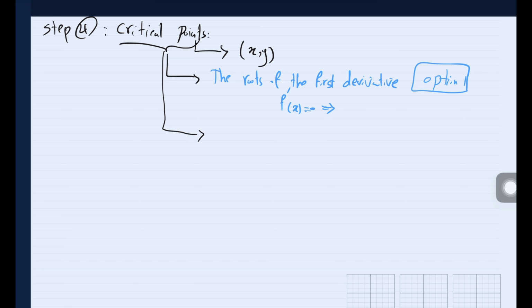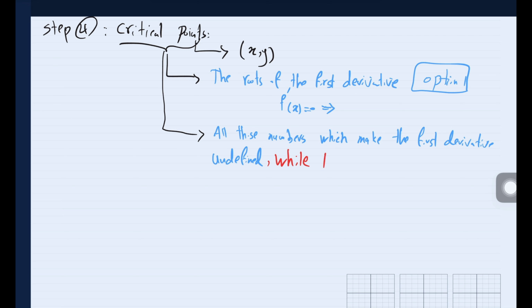If I can find all those numbers which make the first derivative undefined, while those numbers must be in the domain of the function. So this is option 2.